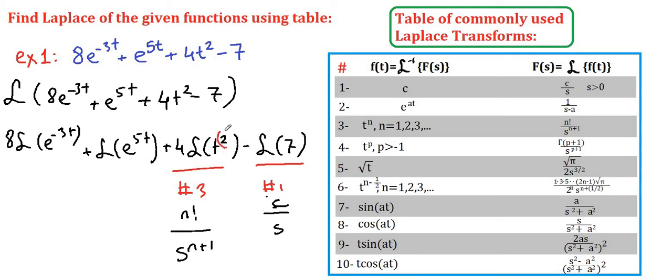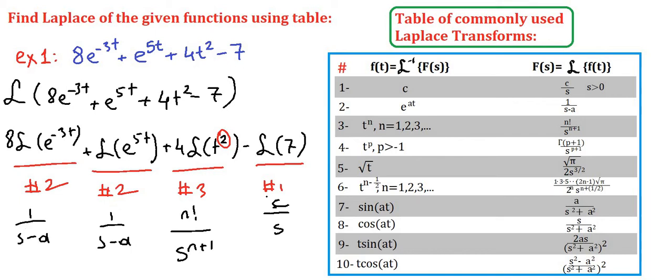Here our n is 2. And these two functions are e to the at kind of functions, as in number 2, and e to the at is 1 over s minus a. In the first case, our a is negative 3, and in the second case, our a is 5.